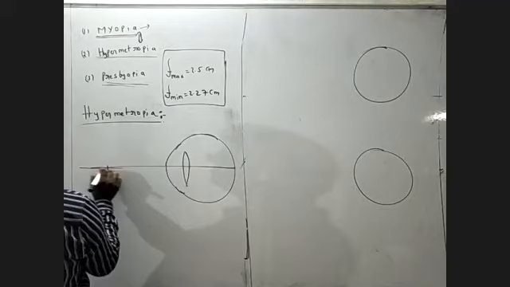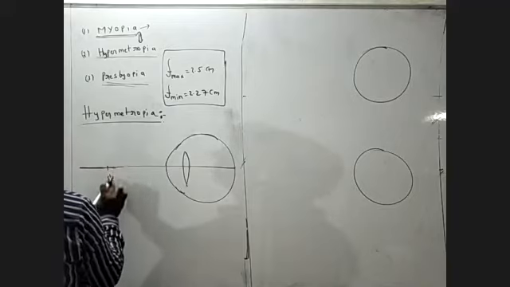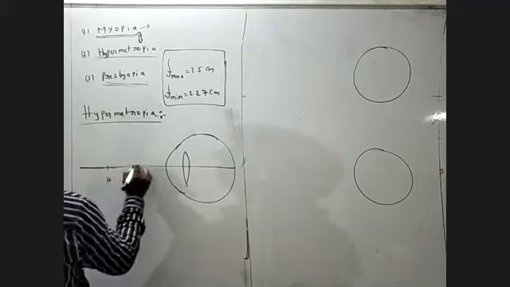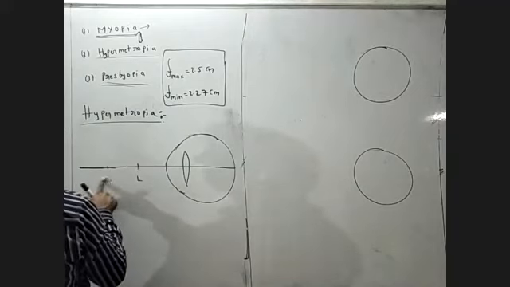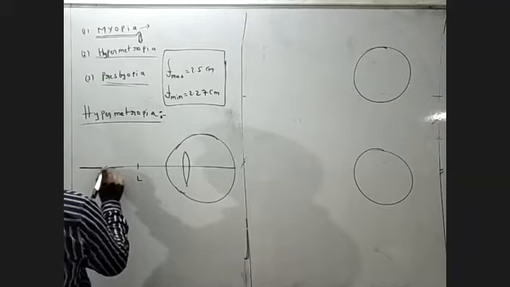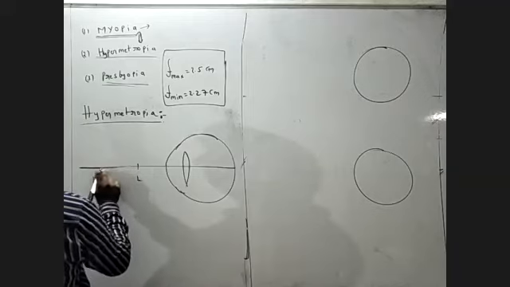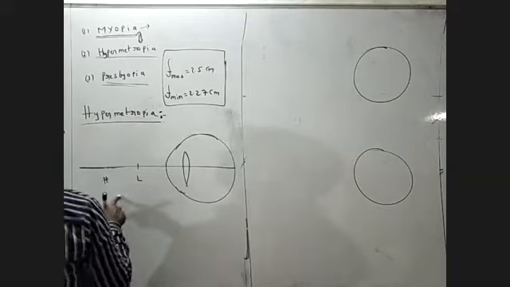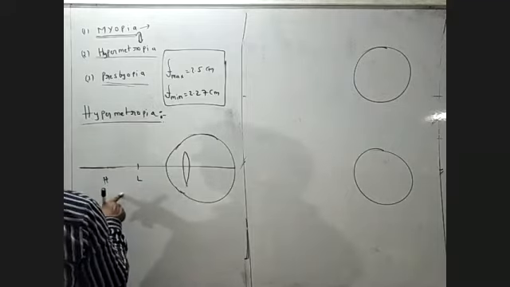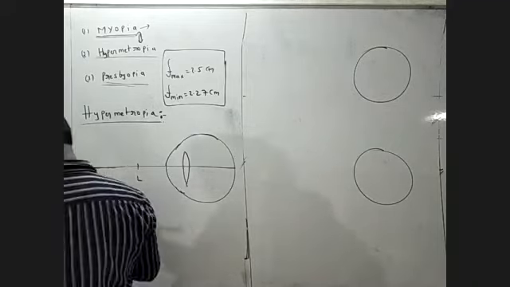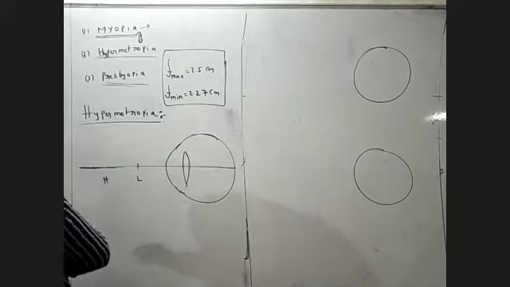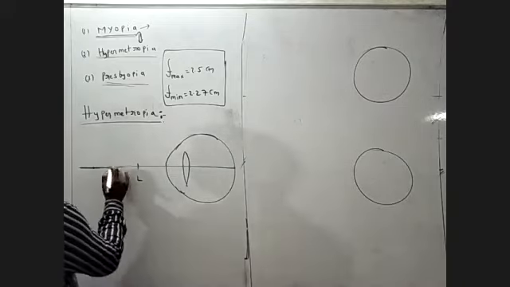This is the far point, and this is the near point, the least distance of vision. The problem is that we cannot see the near object. Suppose, for example, at this point, so this is the point.